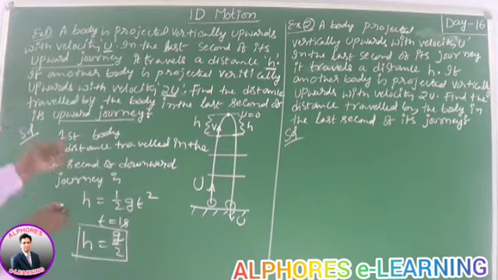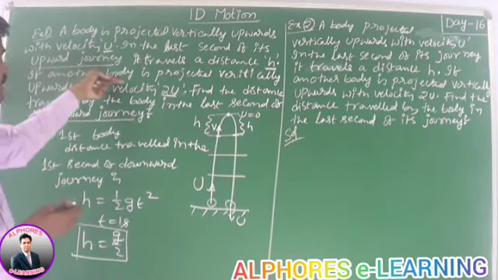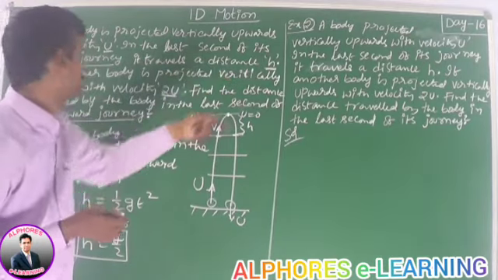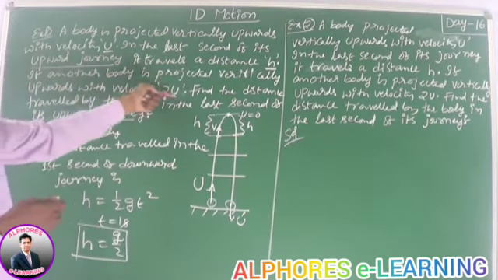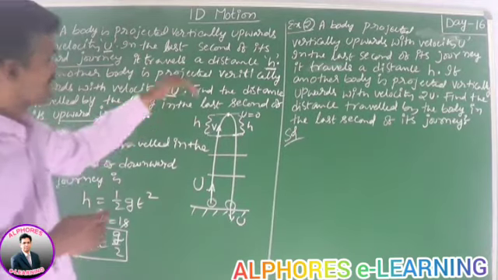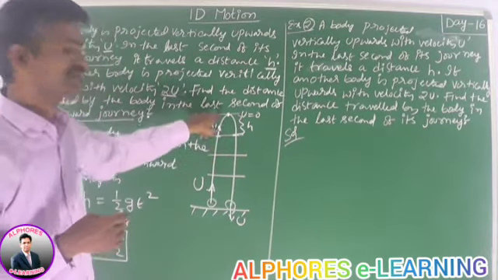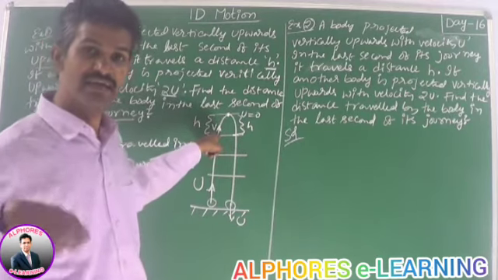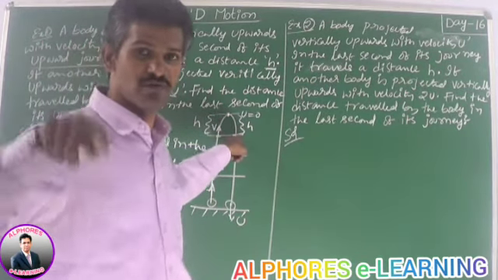What is my next part of the question? If another body is projected vertically upwards with a velocity 2u, if I consider the second body also, the last second of its upward journey is obtained by taking the first second of the downward journey.